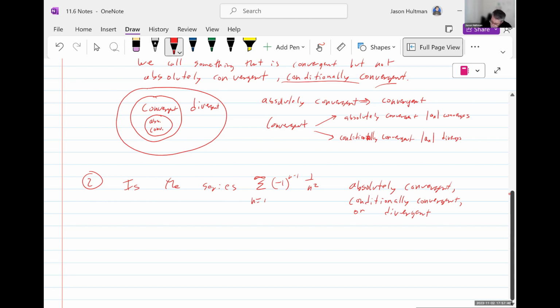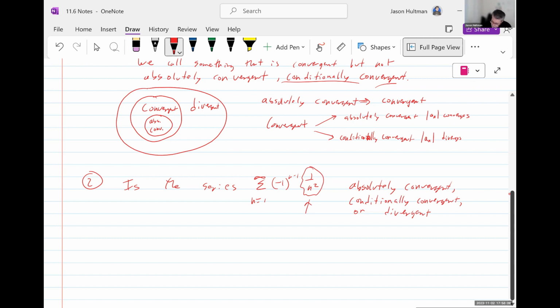Okay, so we don't have to test if the alternating series is convergent if b sub n here is itself convergent. So that's kind of the trick here: if we know this thing here converges, then we know the alternating series also converges, because it would be absolutely convergent.